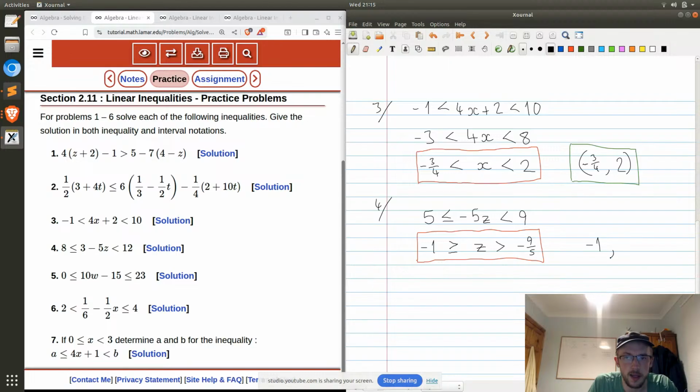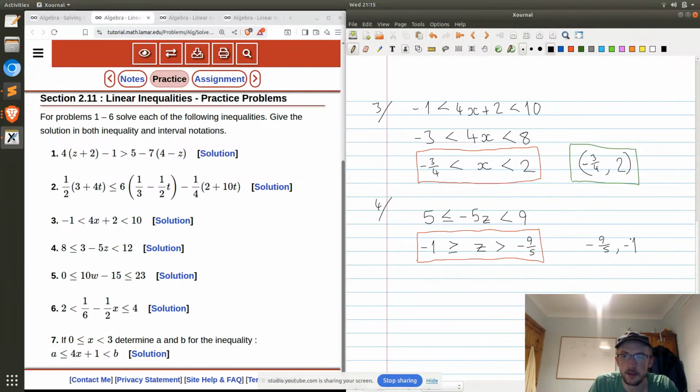If I were to do this, this is actually wrong because you have to put the lesser number on the left. Okay, so it should be the other way around. Like this.